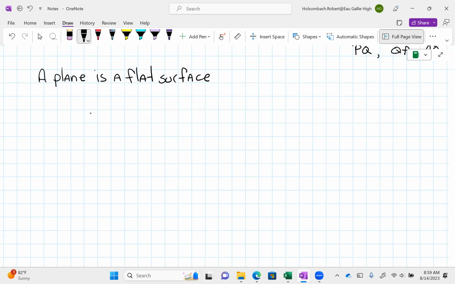A flat surface made up of points that extends infinitely in all directions.